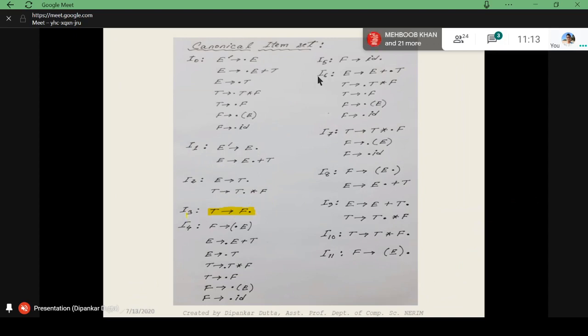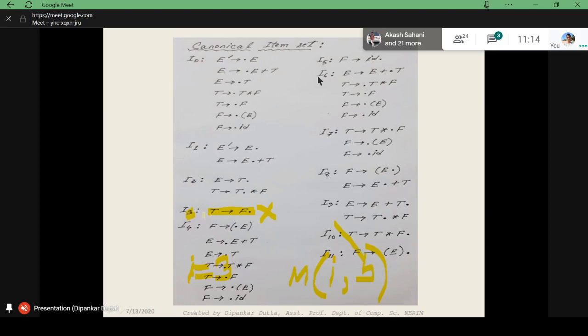It is available in I3, that is, i value is equal to 3. Then what to do now? Dot is followed by nothing, that means rule number 3 can be applied. So according to rule number 3, we have to write reduce for this production: reduce T implies F, not F dot, into the table M of i comma b. So what is b? b is the follow of T.